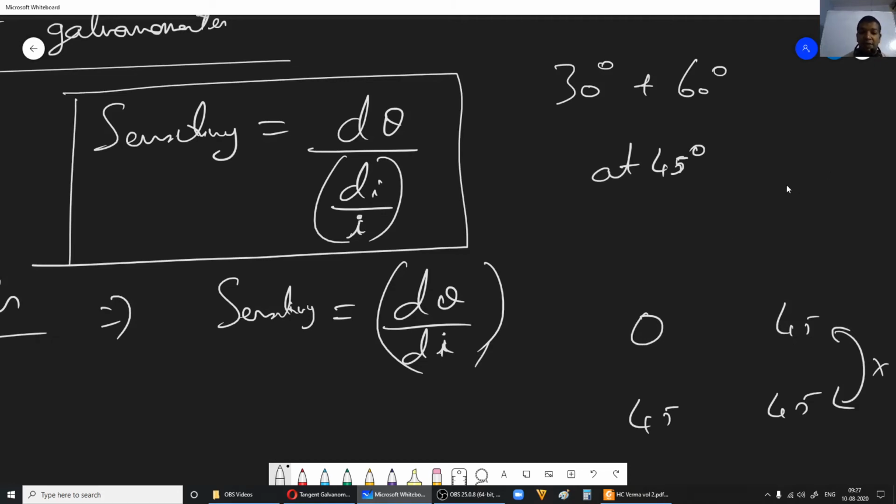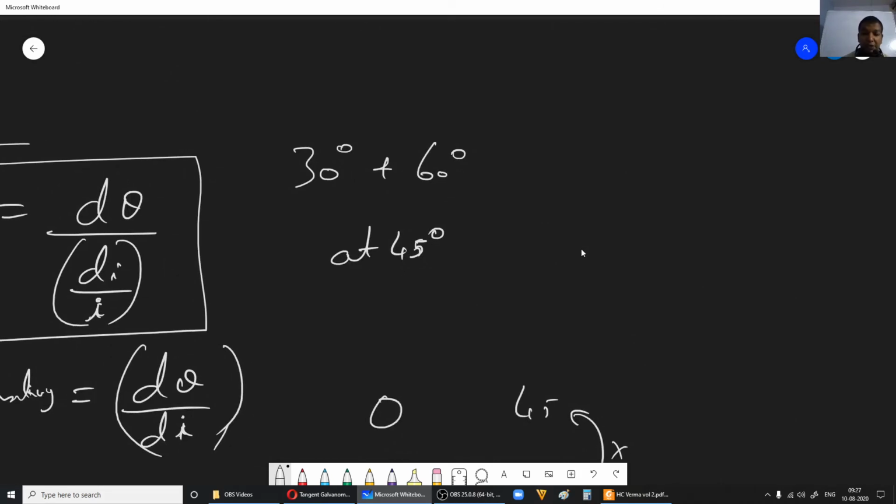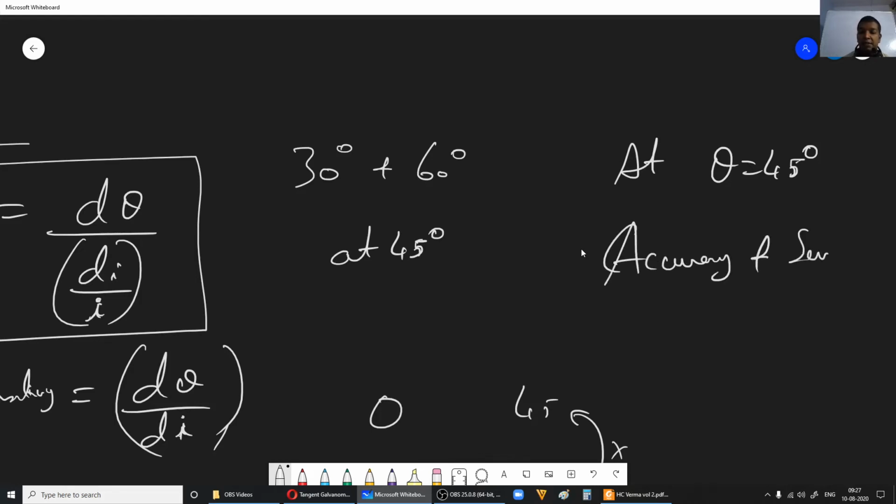Finally, we can conclude that at theta equal to 45 degrees, accuracy and sensitivity will be maximum. That is our conclusion. I hope you understand.